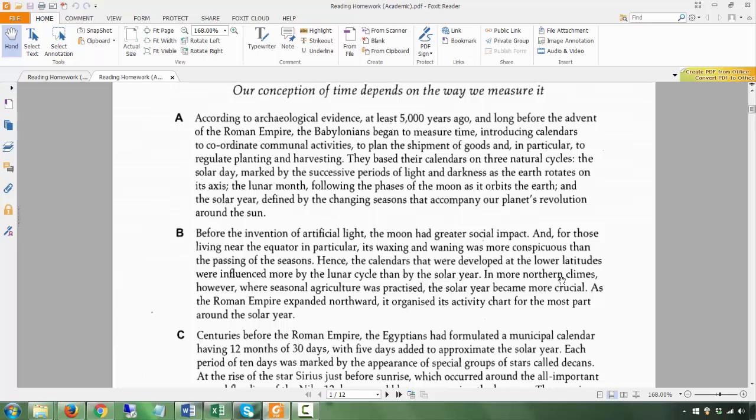In more northern climes, however, where seasonal agriculture was practiced, the solar year became more crucial. So at lower latitudes it was influenced more by the lunar cycle. In northern climes at higher latitudes, the solar year was more crucial. Okay.